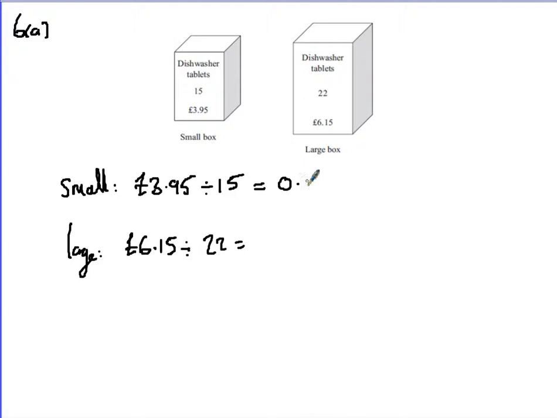So we've got roughly 26 pence, and 28 pence. So we've got the figures there, we've compared the two, and the small box is better value. You must write this sentence at the end, because it's 4 marks.